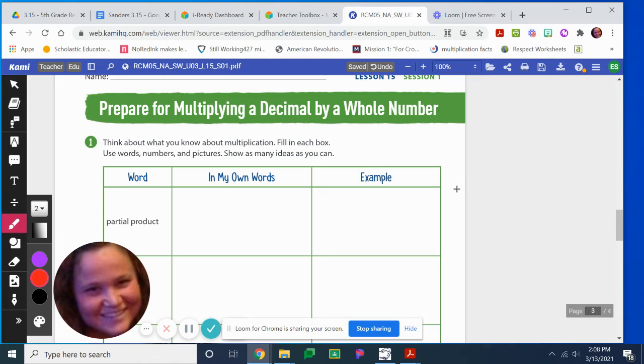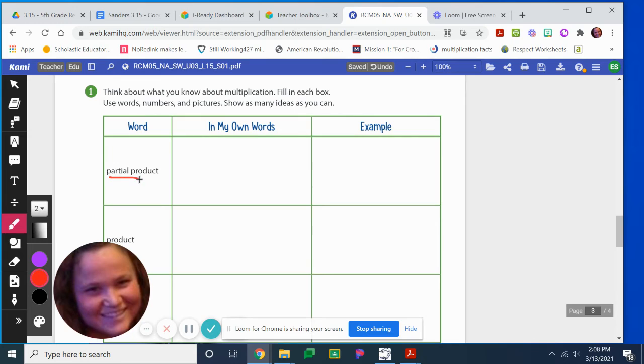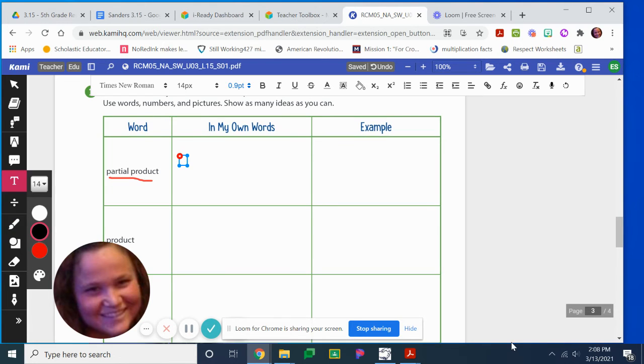Okay, so finally down here, we're going to do a couple real quick notes. If you guys remember correctly, partial products are where we add up in order to multiply. So what we're going to write here is a strategy used to multiply multi-digit numbers.